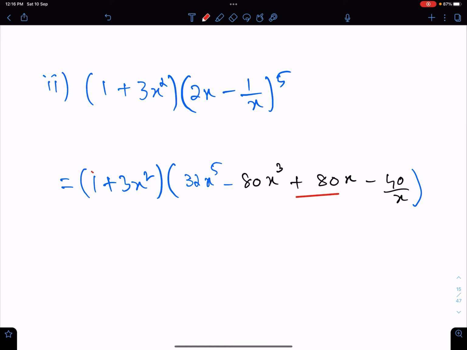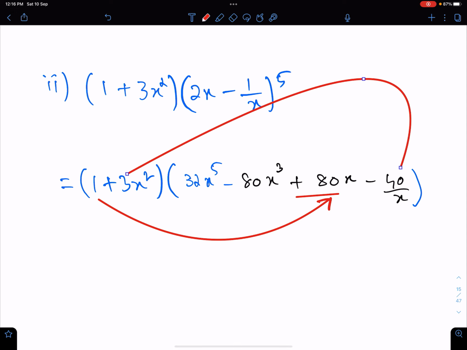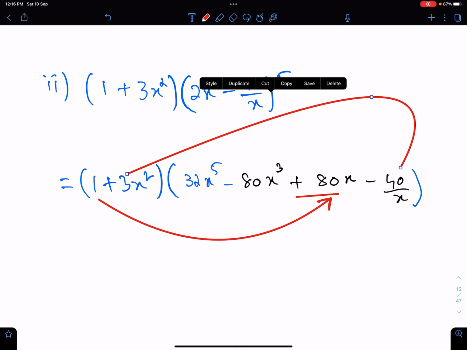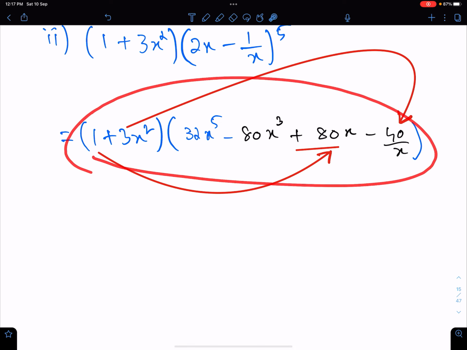So we will multiply 1 with this, and we will multiply this 3x square with this. Only selected terms are multiplied. We just need to multiply those terms which will give the term in x. You don't need to expand the whole expansion. It will waste your time.